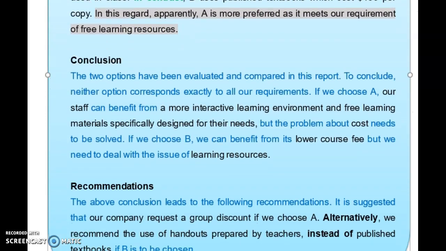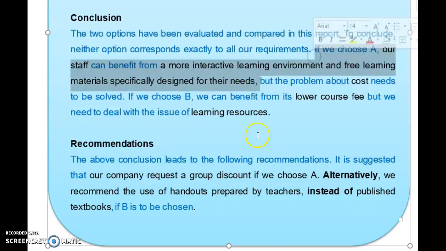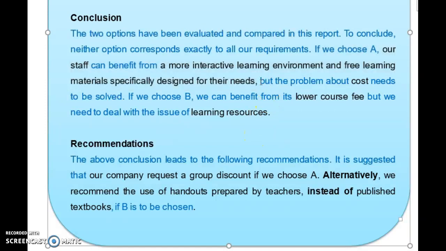Conclusion. So the blue part I'm not going to repeat, because the blue part is something you're very familiar with. So we look at this. If we choose A, our staff can benefit from, okay, this is the summary. It is the summary of the benefit of choosing A. And then you will say what problem you need to solve.